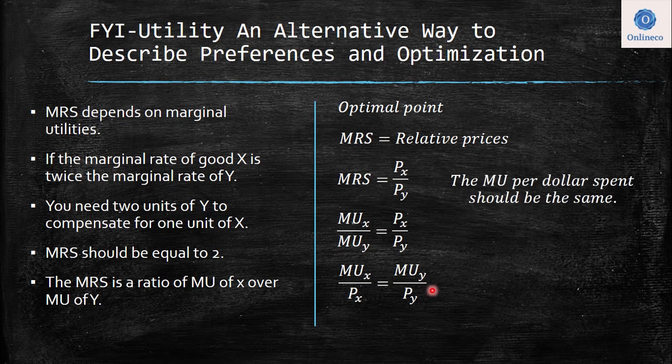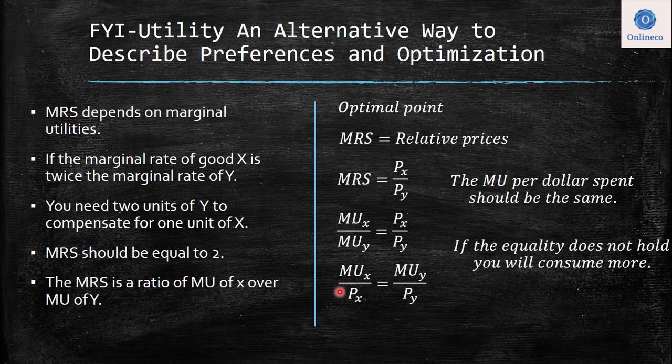So then the concept is like the marginal utility per dollar spent should be the same. So it's like the marginal utility of each good should be exactly the same.